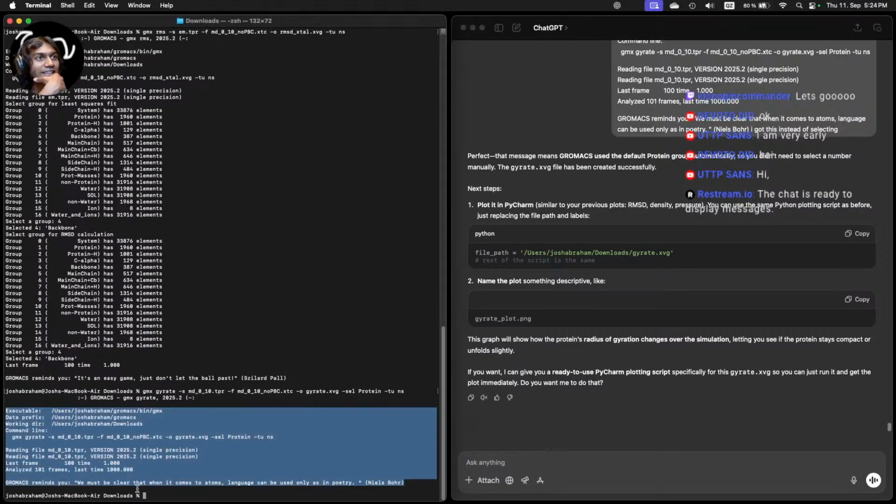We must be clear that when it comes to atoms, language can be used only as in poetry. That's pretty. So it doesn't need me to select a number manually. The library file has been created. Plot in the pie chart similar to.